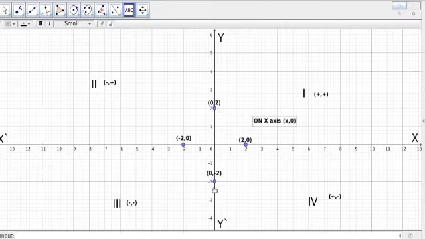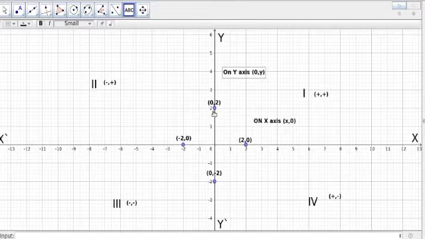And if the point is on the y-axis, we write the coordinates of the point as 0, y. So on the y-axis the points are of the form 0, y.